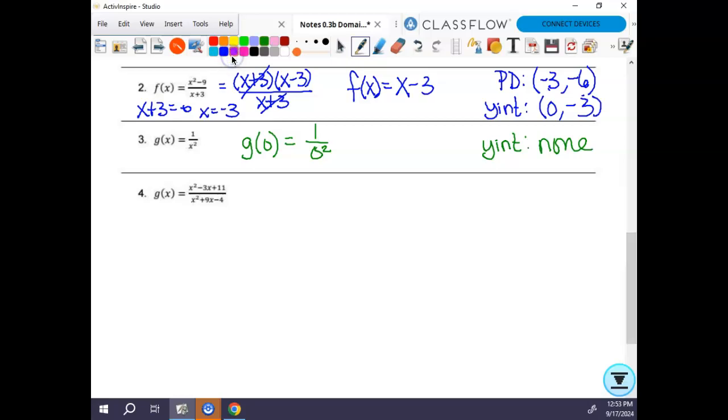All right. So then here, I'm going to factor. X, 11 is positive, 3 is negative, so these are both minus. There are not two numbers that multiply to give me 11 and combine to give me negative 3, right? Which means I cannot factor the numerator. If I can't factor the numerator, then it doesn't matter if I can factor the denominator because there's nothing to cancel out.